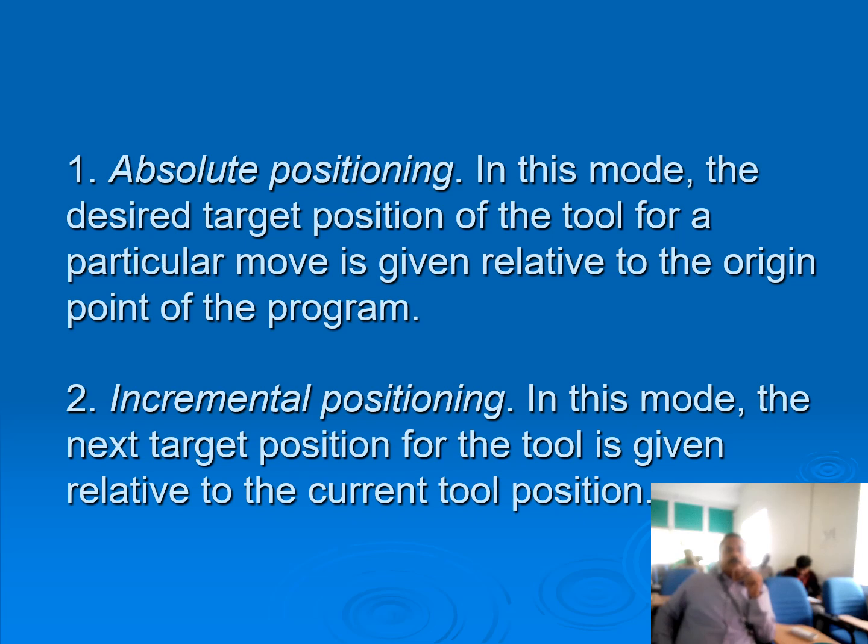What is absolute positioning? In this mode, the desired target position of the tool for a particular move is given relative to the origin point of the program. Incremental positioning: in this mode, the next target position for the tool is given relative to the current tool position.